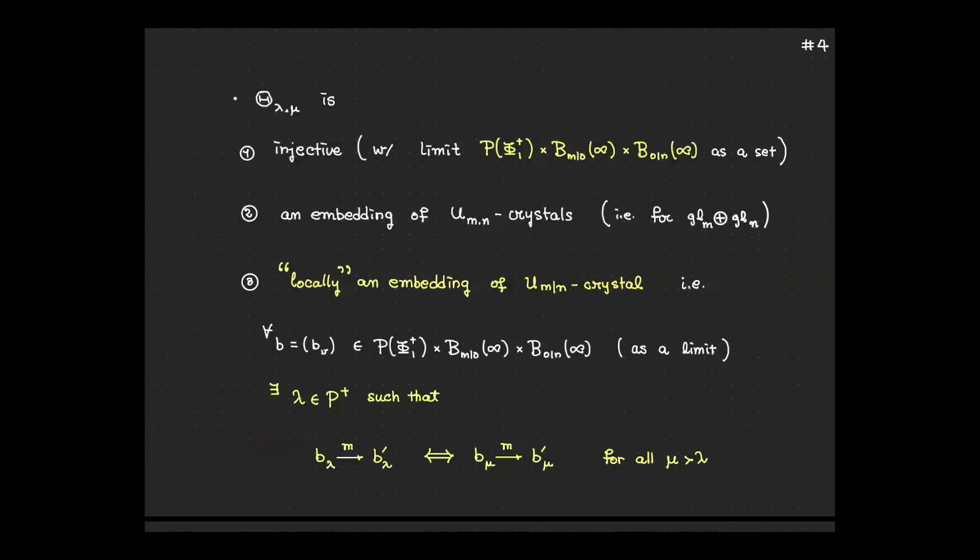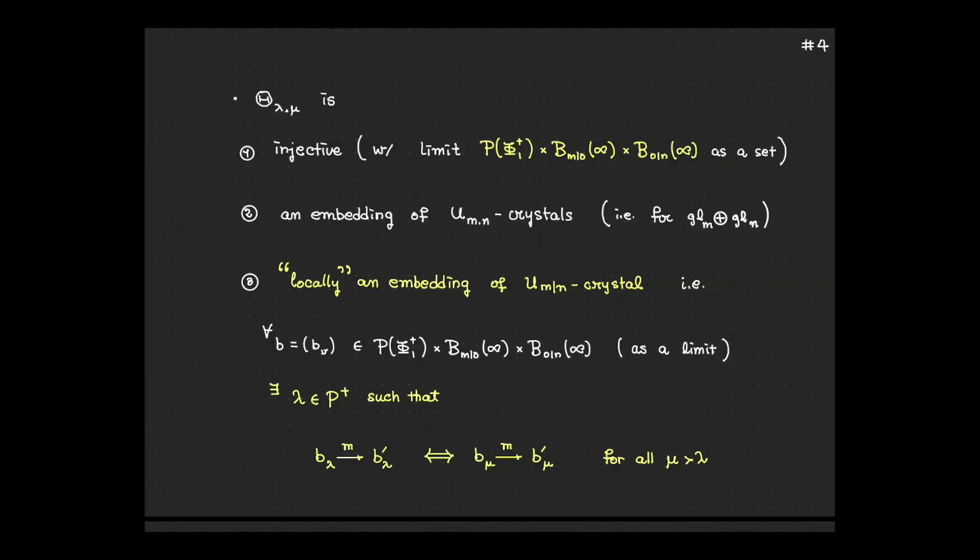Once B and B prime are fixed, and lambda is large enough, then there is an arrow colored M in the lambda component if and only if there is an arrow M in the mu component.